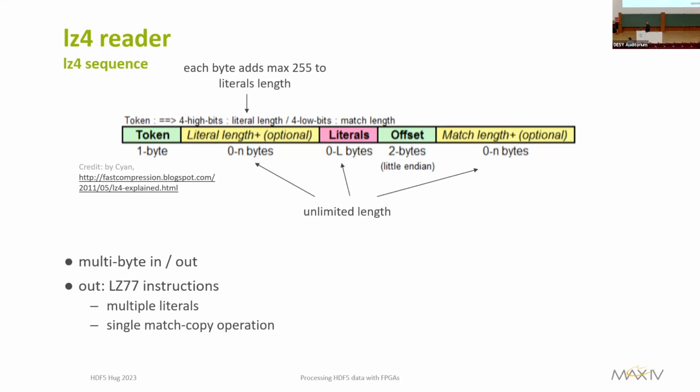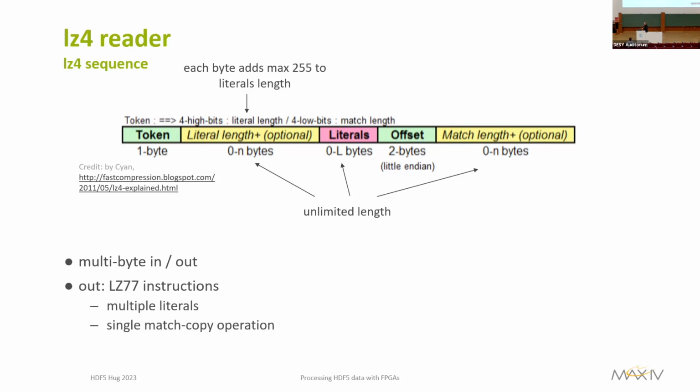Over here there is a scheme of how the LZ4 sequence looks, and the problem of this sequence is that there is a 1-byte token. Then there are some bytes that describe how many literals there will be. Then there are the literals themselves, and then there is the offset and match length, which is again of unlimited length.